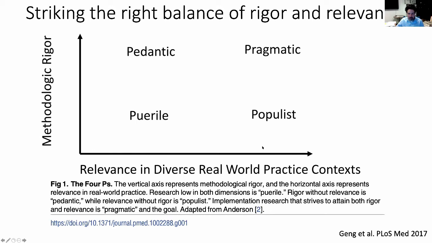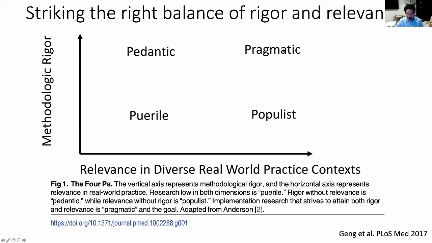Research that is relevant but not very rigorous is populist. Research that's very narrowly focused, for example, on very specific populations, very controlled settings that aren't necessarily representative or generalizable outside of them, can be very rigorous in terms of answering a specific scientific question, but not necessarily relevant. And those studies can sometimes be pedantic.